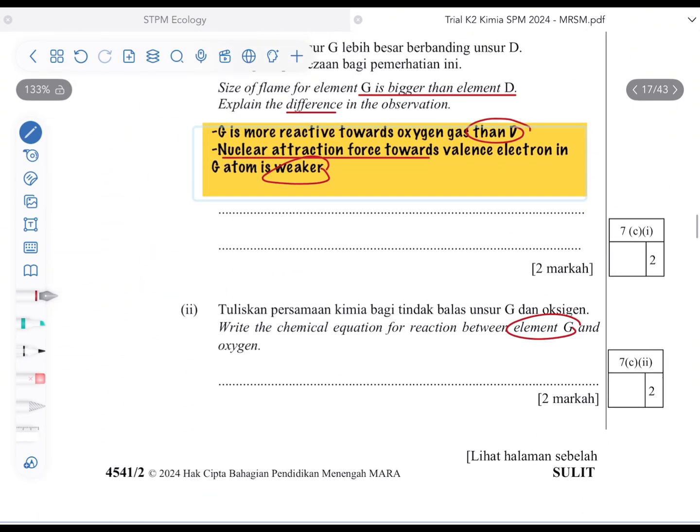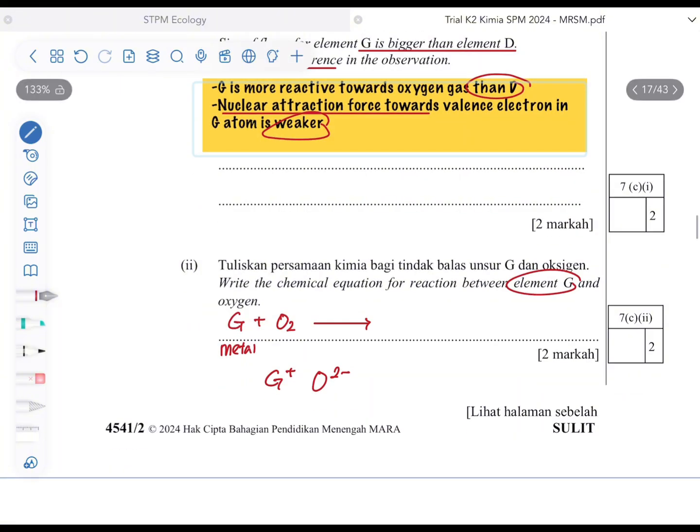So this G, when it reacts with the oxygen, will produce a metal oxide, because G is actually a metal. G will form a positive charge and oxygen will form a negative 2 charge.